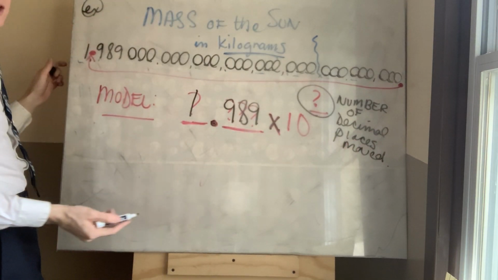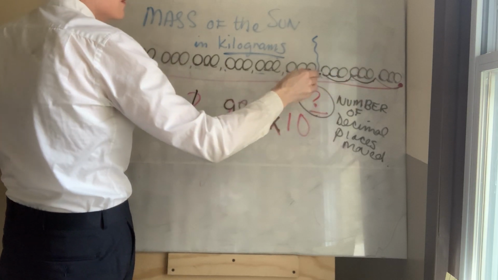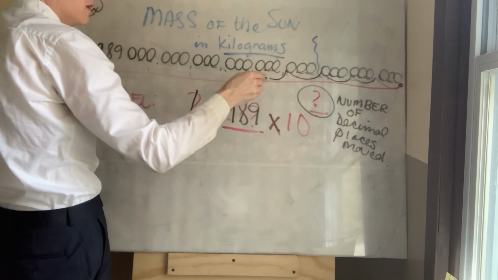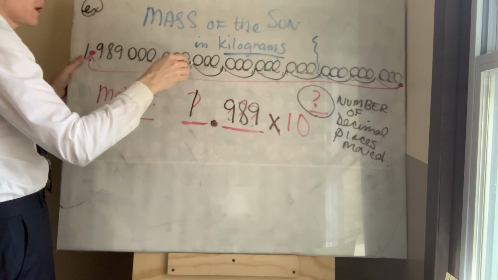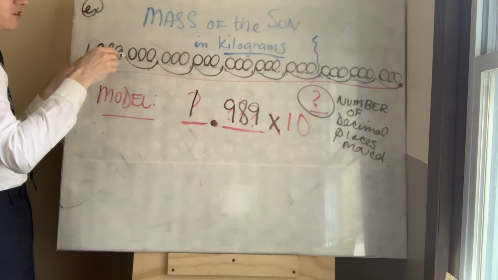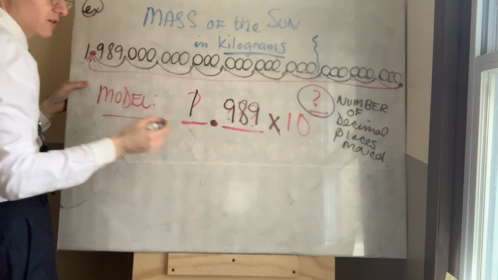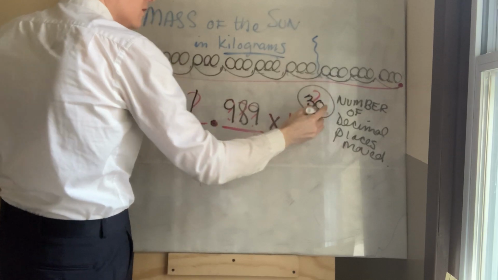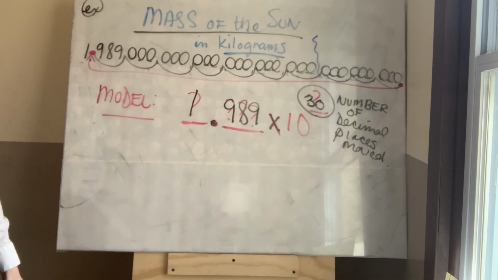So I would have to count by threes, right? This would be 3, 6, 9, 12, 15, 18, 21, 24, 27, 30. I would have to move the decimal point 30 spaces to write this abbreviation for the mass of the sun in kilograms.